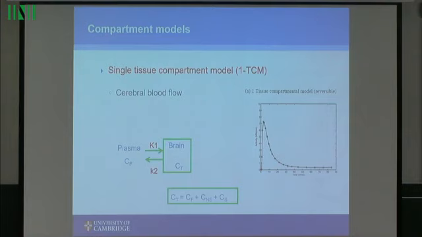And the curve tends to look like this, goes up fairly fast and comes out fairly fast out of the brain. So in this case, the total CT that you see, concentration in the tissue, would include concentration that's free, that is non-specifically bound, and concentration that's specifically bound. So it's not possible to separate out the specific binding in this case.